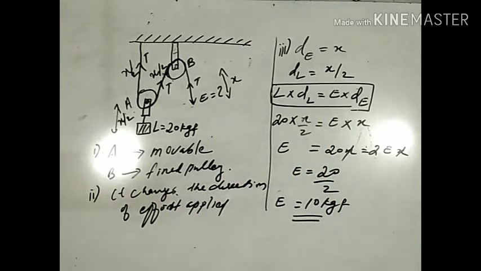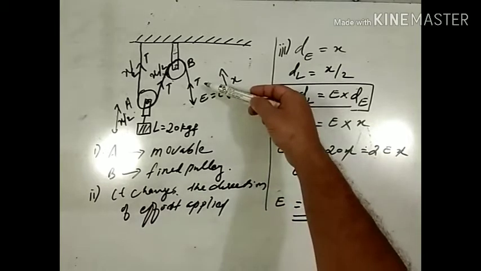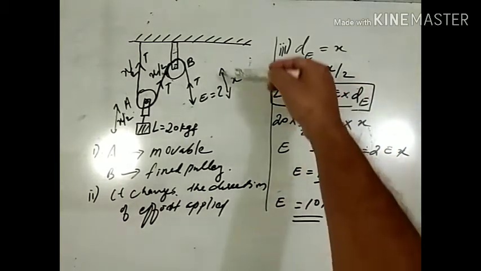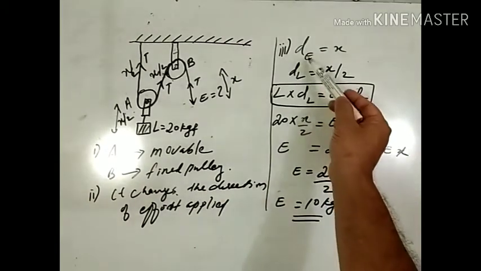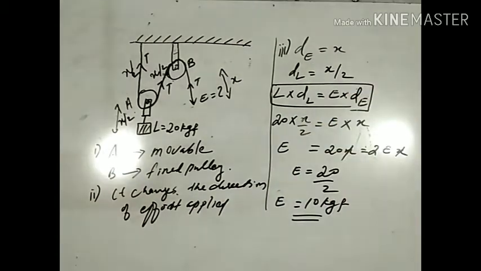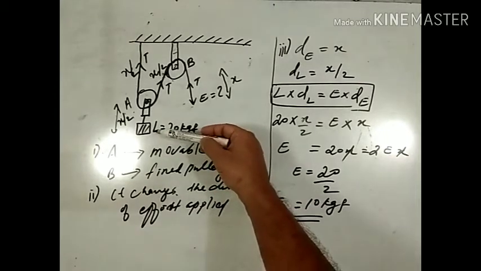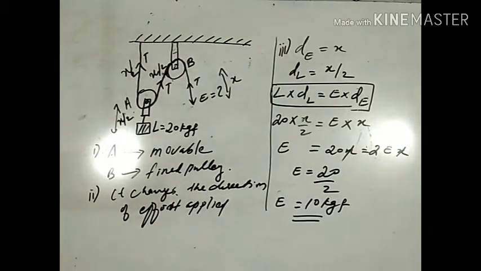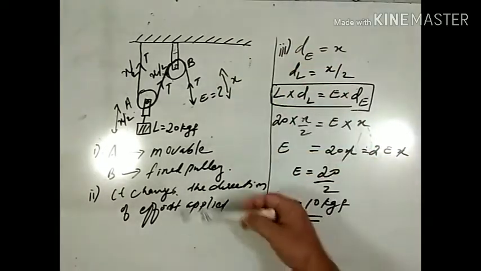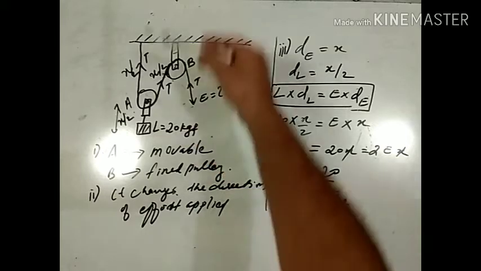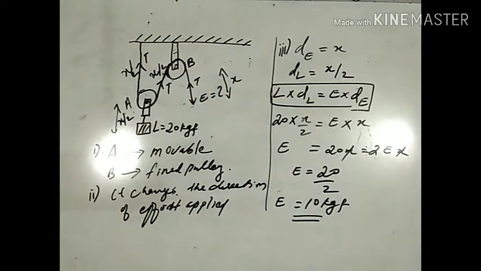For that purpose, let us assume that when the effort moves through a distance x in the downward direction, dE, displacement of effort, is equal to x. How much distance will the load move in the upward direction? We have studied in the previous topic that when the effort moves through a distance of x, the load will move through a distance of x by 2 in the upward direction.